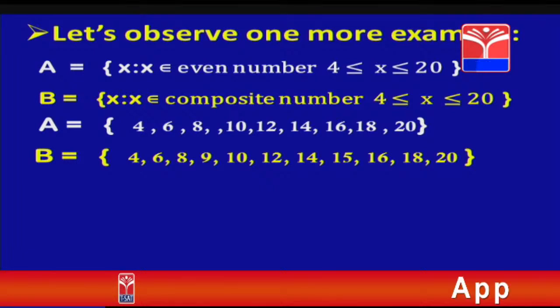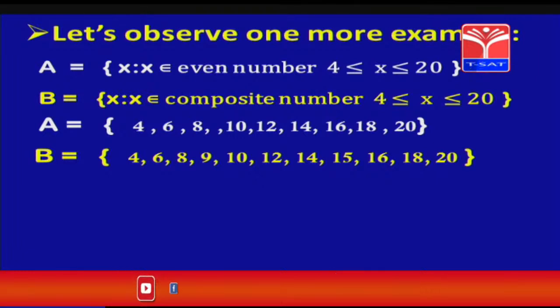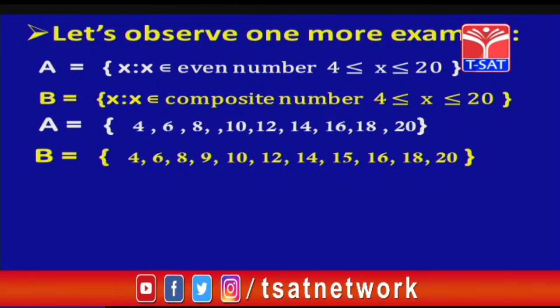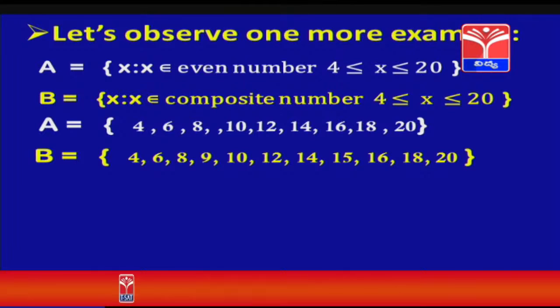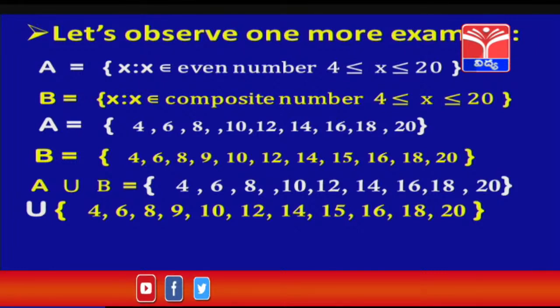So, these are the elements: set A = {4, 6, 8, 10, 12, 14, 16, 18, 20}. B = {4, 6, 8, 9, 10, 12, 14, 15, 16, 18, 20}. Now, let us see A union B, where I am combining both sets.